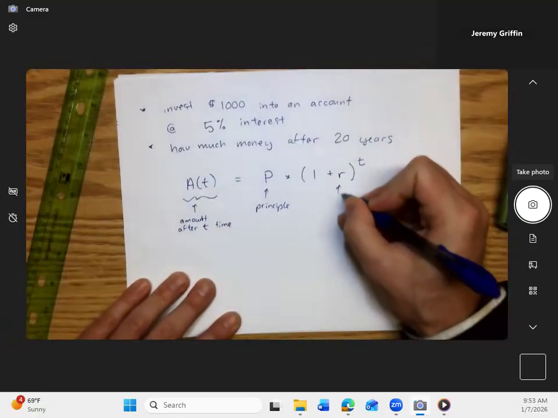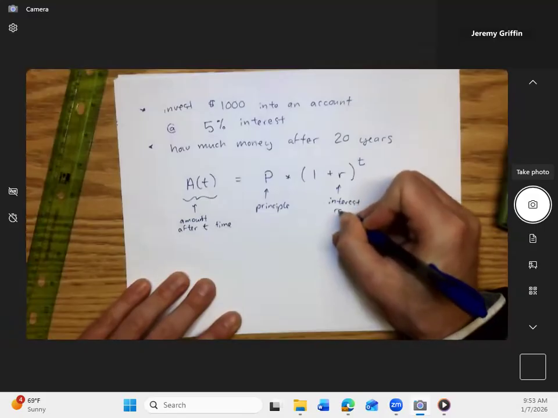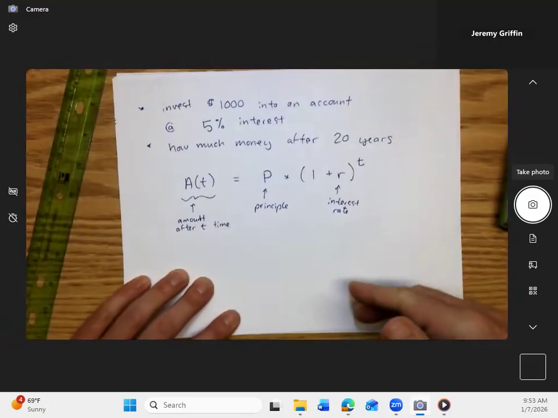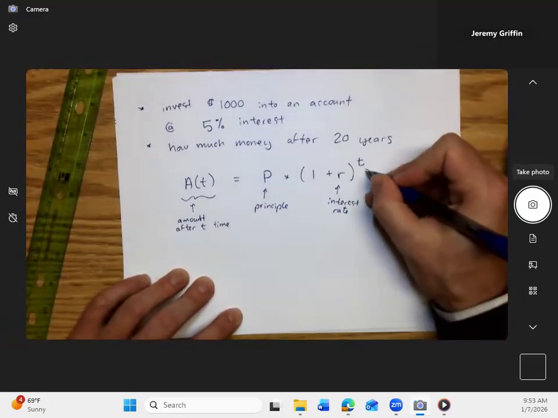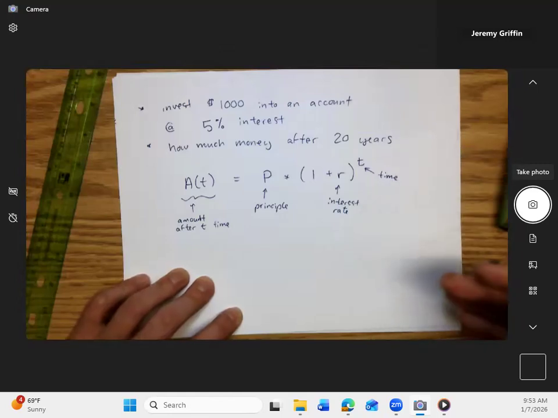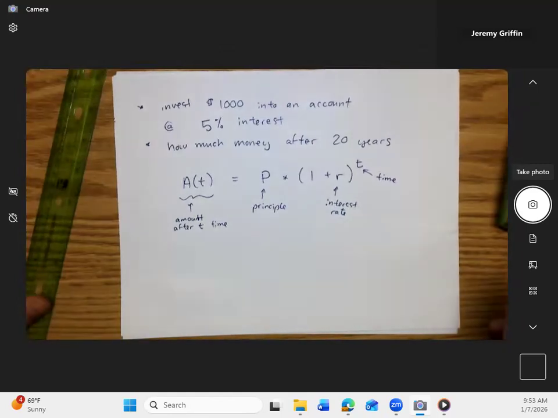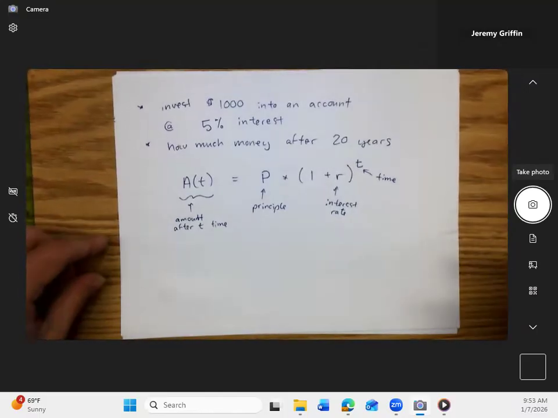This R is the interest rate. You can also use this for something like inflation rate, but we're just going to focus on interest rate now. T represents the amount of time that's passed, and in this context it could be the amount of time in years, so this would be annualized, although the context of the question might matter here too.